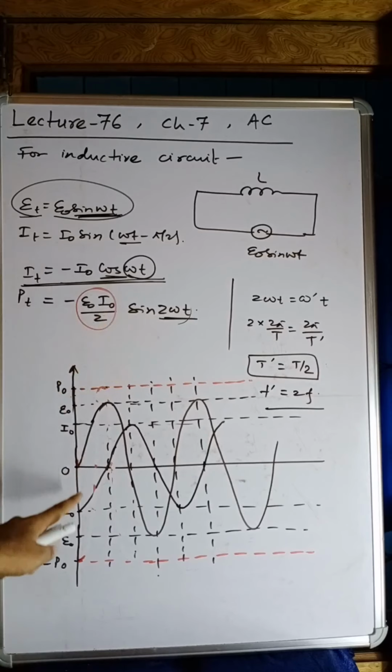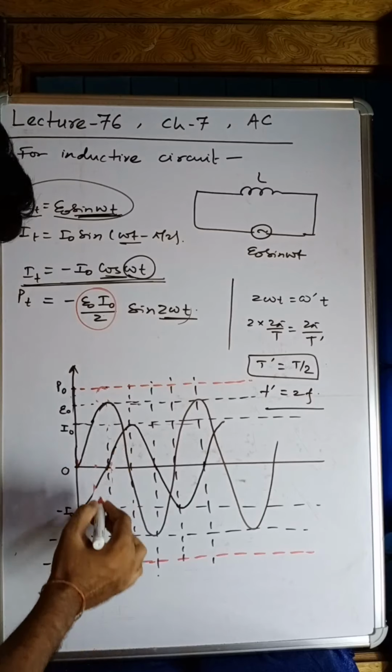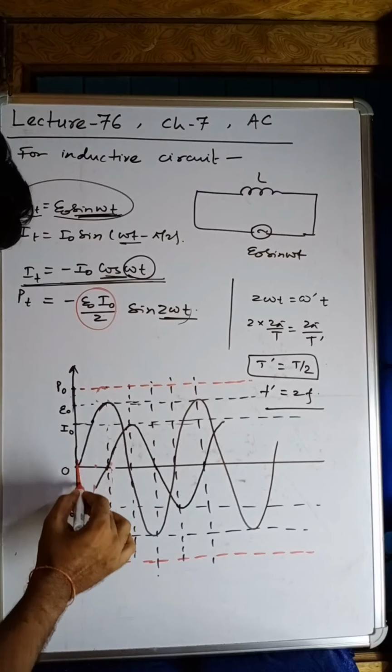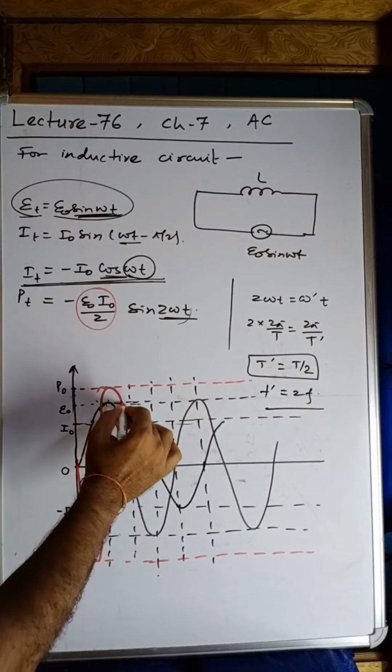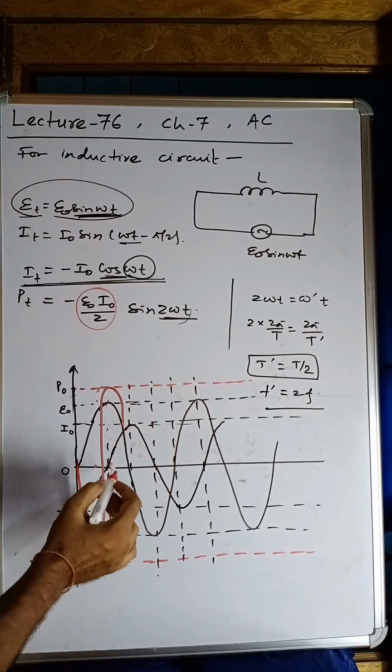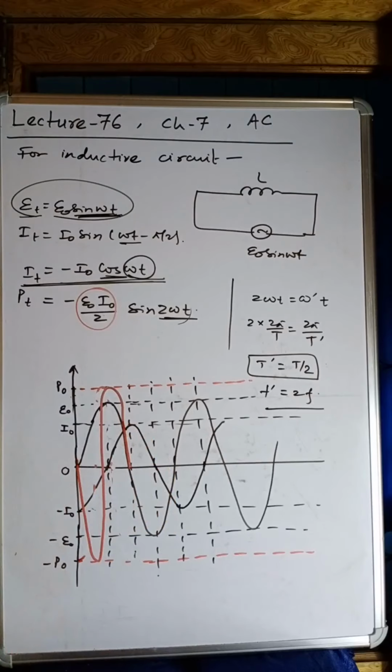So it will start from here, and after one complete cycle we have to reach, remember, we have to reach to this point, to this point. I think now we are successfully reaching to the correct value. Yes, so that's one.